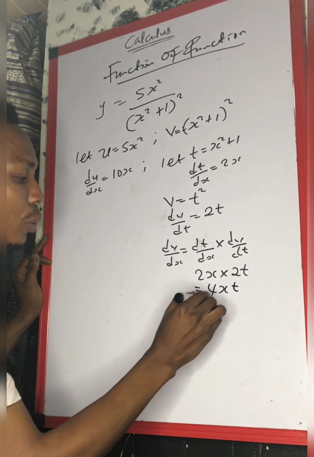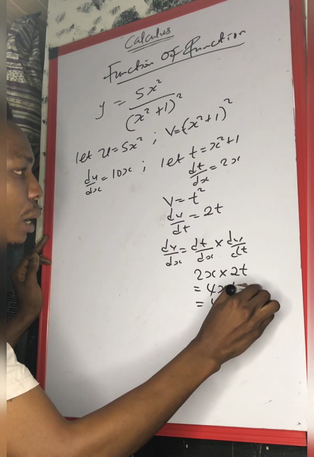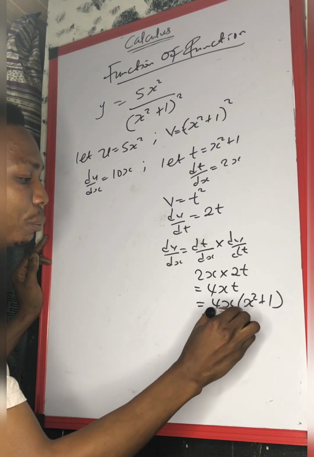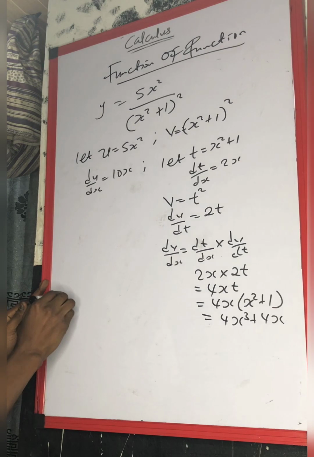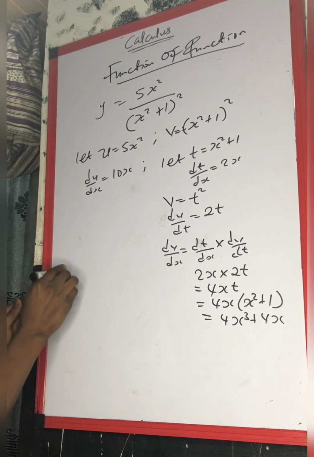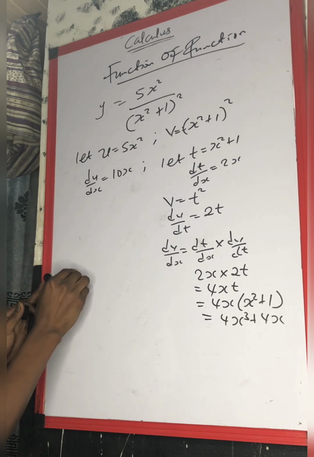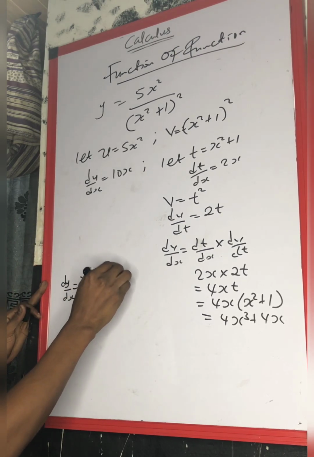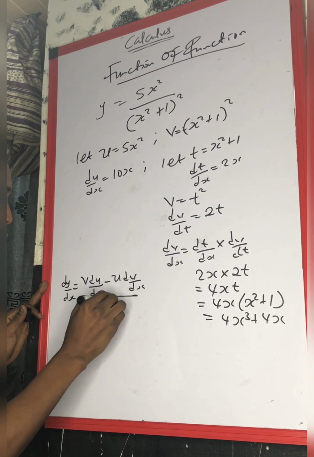4s. So that gives us 4s. Our v is s squared plus 1. So that gives us 4s cubed plus 4s. Now to get dy/ds, don't forget, it's v du/dx, then minus u dv/ds, then all over v squared.